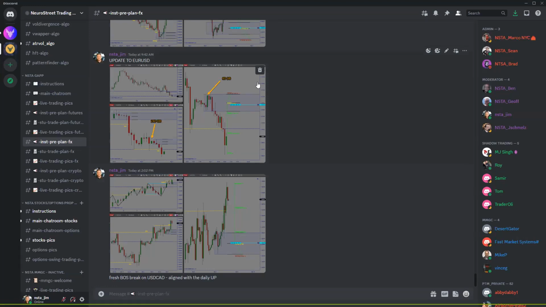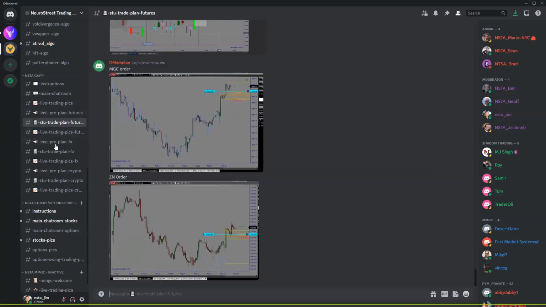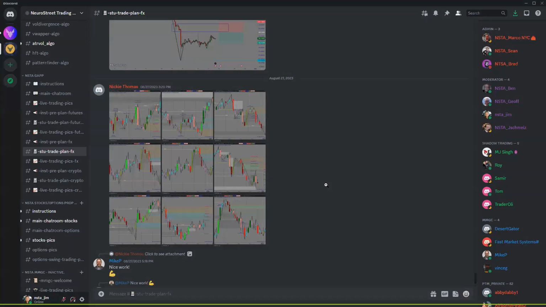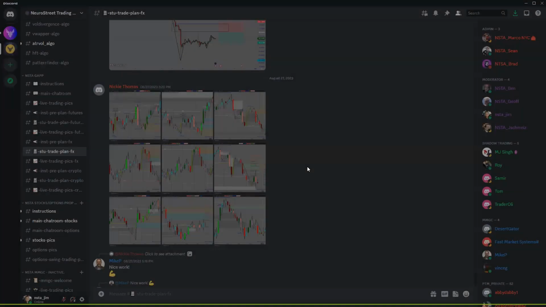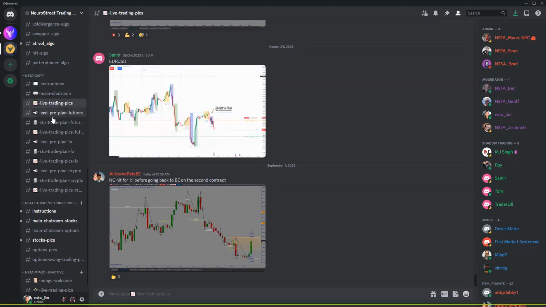And then obviously I don't do that in the middle of the night. But traders sometimes will post theirs. Student trade plans, you could see their trades coming in, and so they're posting them. So here's one of our traders posting some trades. Very cool. So yeah, good stuff.